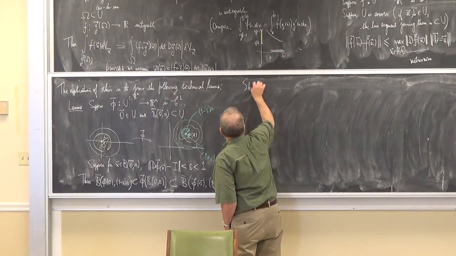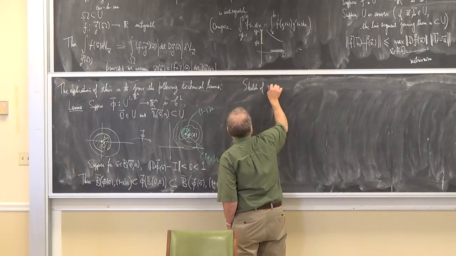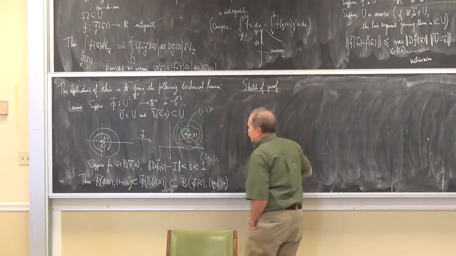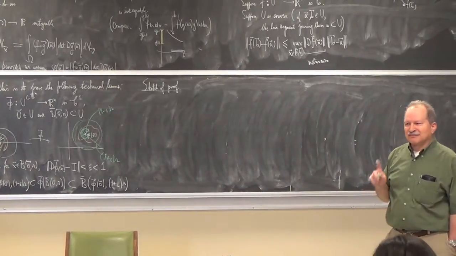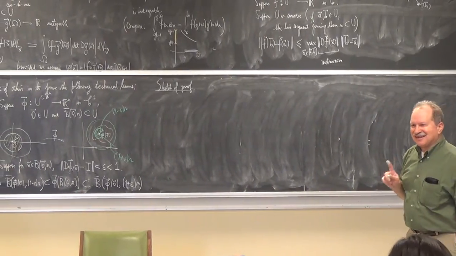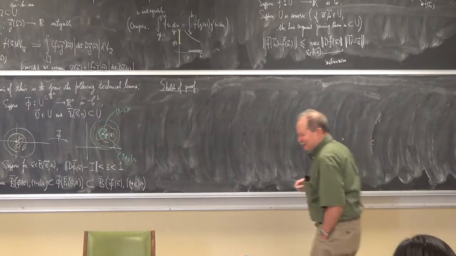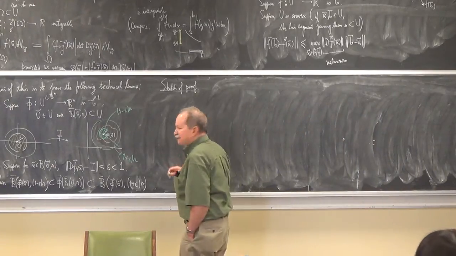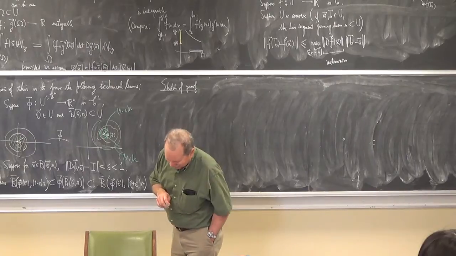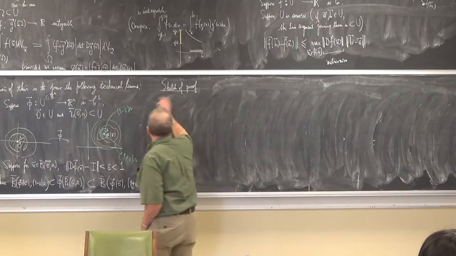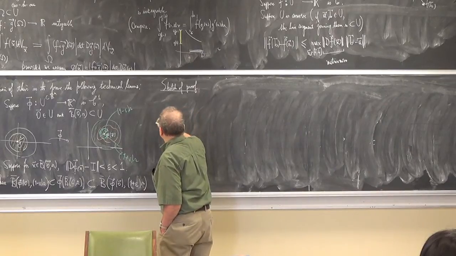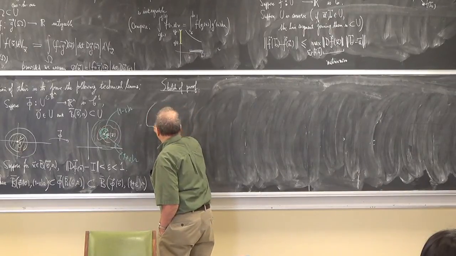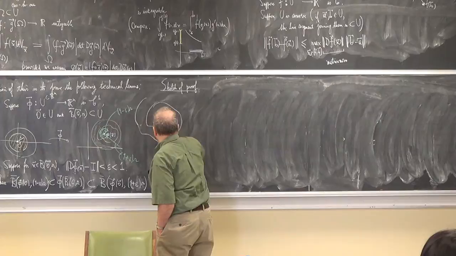So let's do a sketch. Your favorite homework problem from the first assignment is about to show up. Well, it should be. So the usual game is going to be, look, we've got this region omega that's inside this open set on which f is C1.